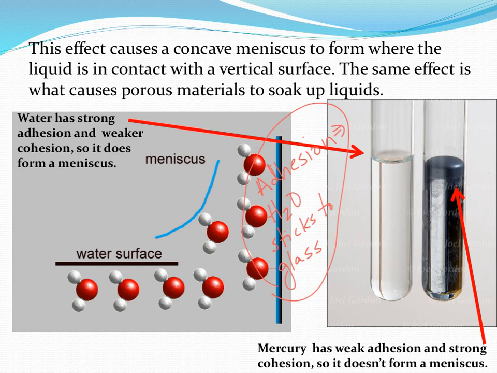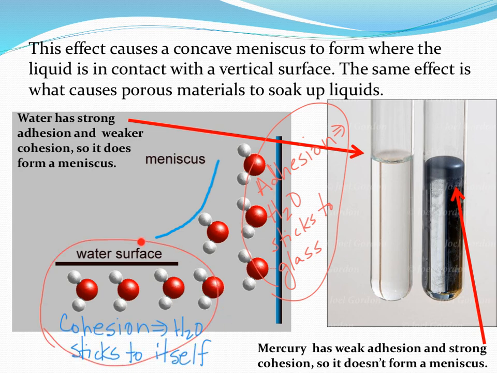Another example of capillary action is something we see in the lab. Every time we work with water or water solutions, we get a meniscus. So how does this form? The water molecules have adhesive forces, which causes water to stick to the glass.